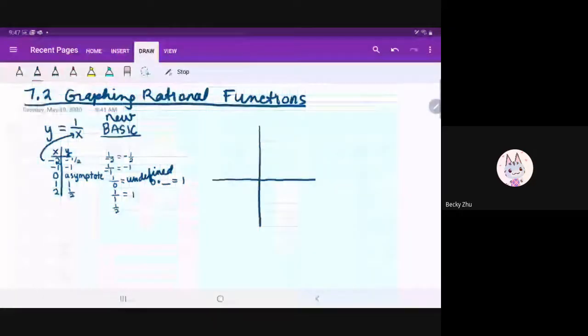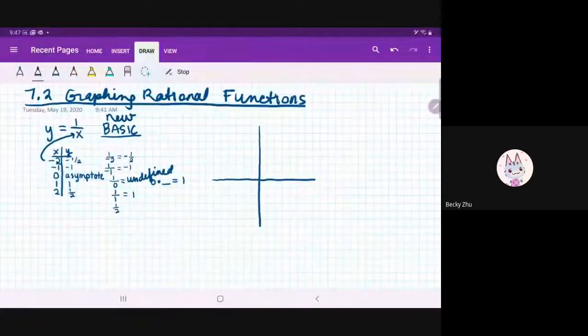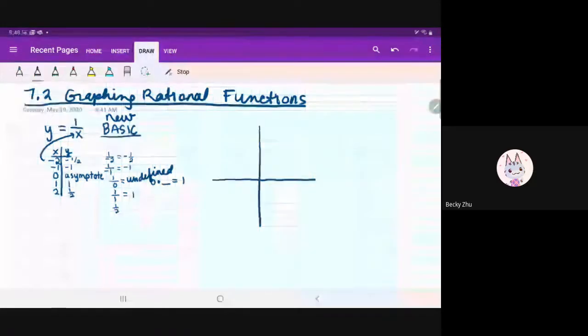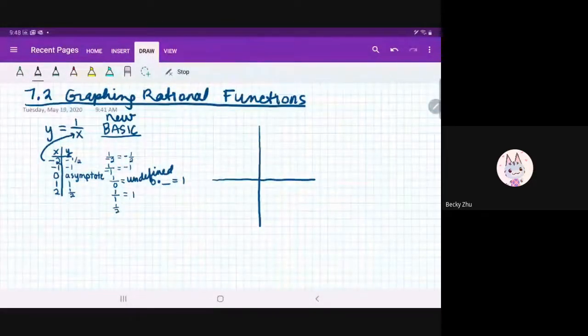Okay, I'm going to shut the door here. So graph those dots, okay? There's just the music on outside.